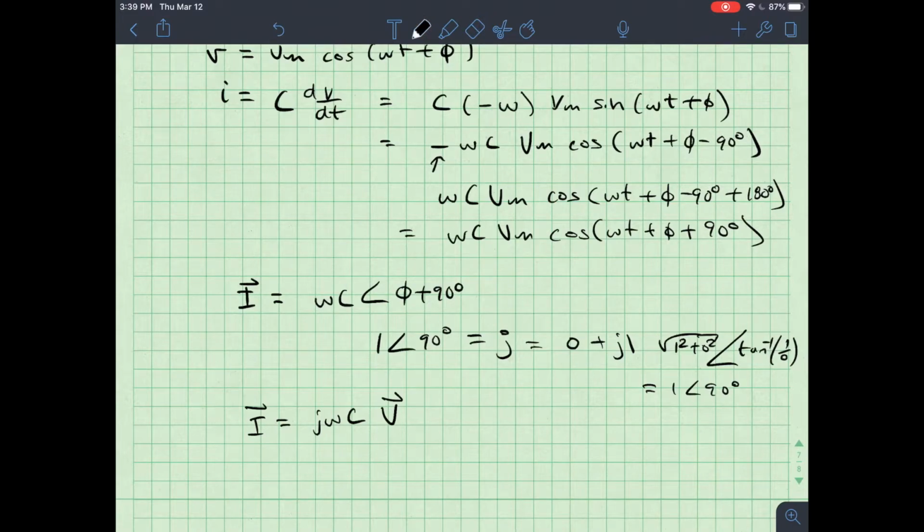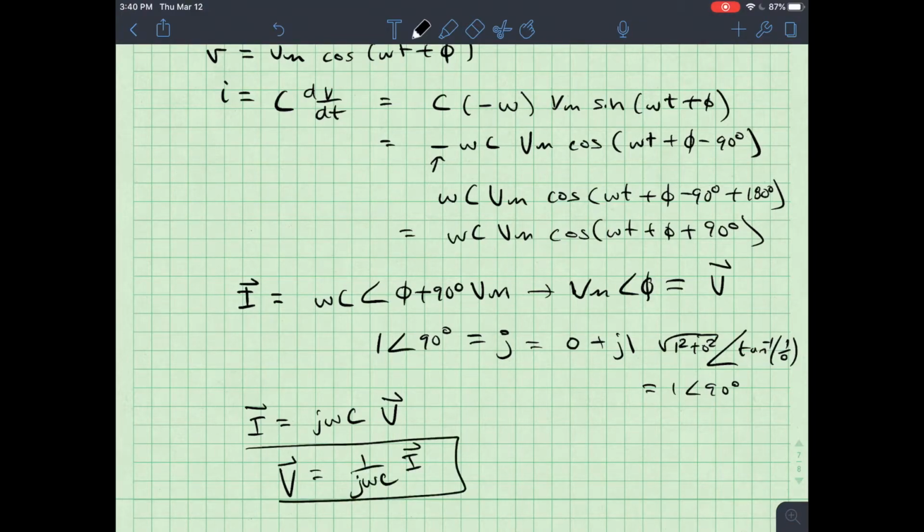I'm really bad at this today. This isn't V phasor, it's Vm, but I know that Vm angle phi is equal to V phasor. So if I want to write this in an Ohm's law-like form, that means that V phasor is equal to 1 over j omega C times I phasor. That's my Ohm's law-like form.